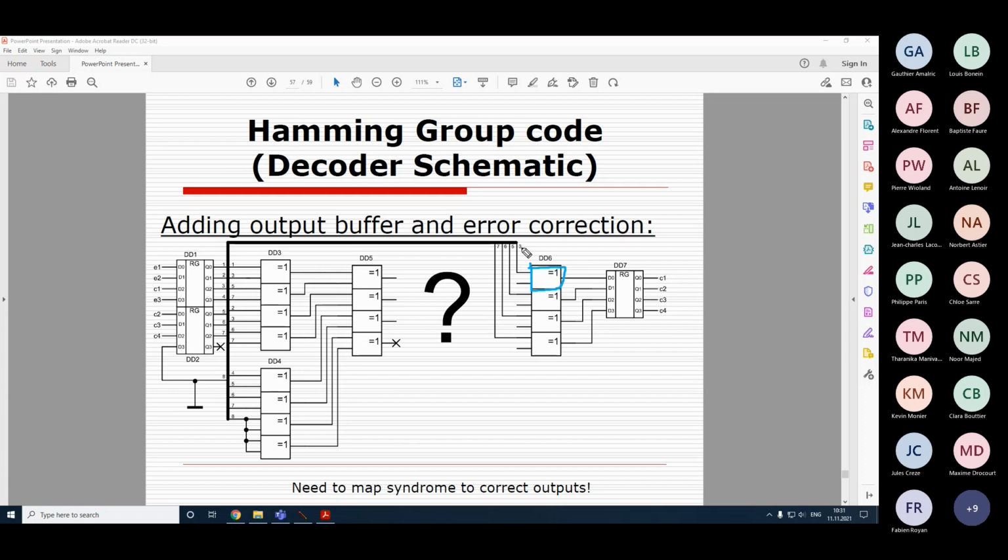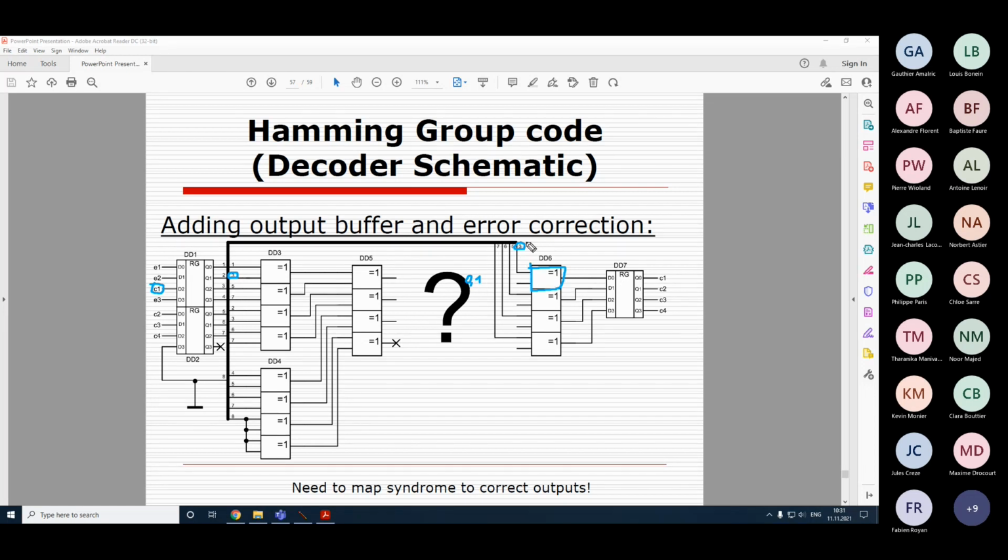For example, here, the third component, yes, the third line is actually C1. Yes, so C1 is third. So we send C1 through this XOR, and the second input can have either 0 or 1. If it has 0, then this symbol is left unchanged.